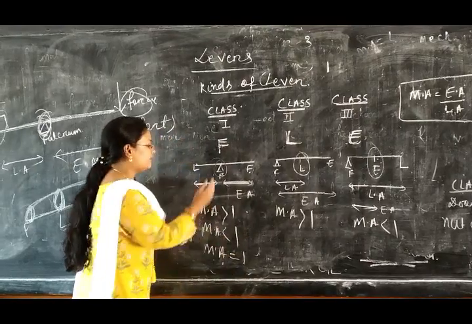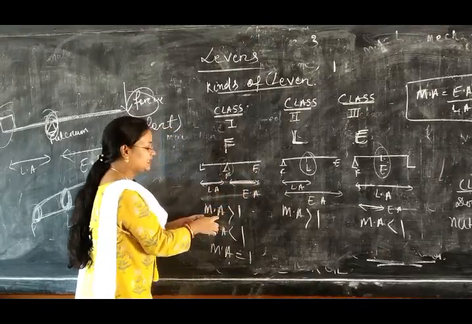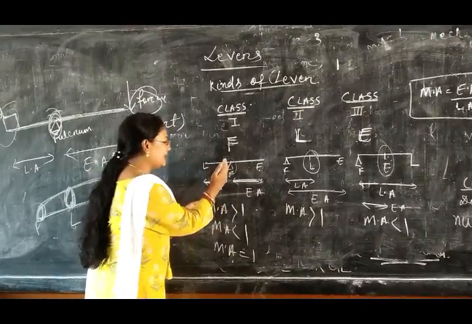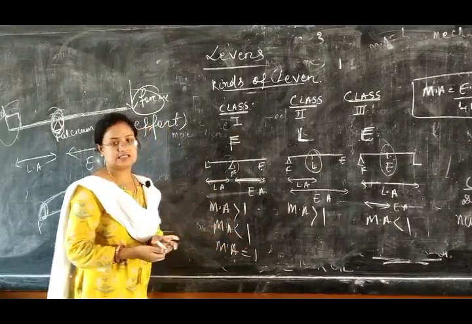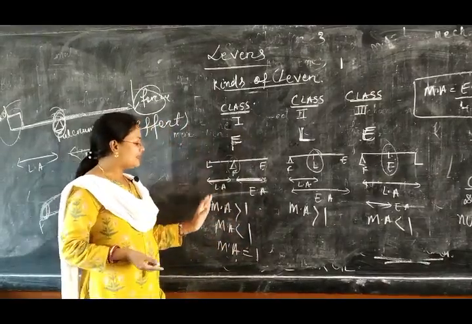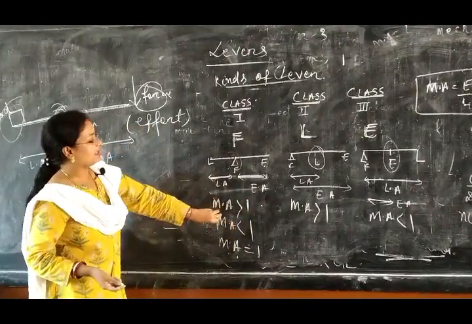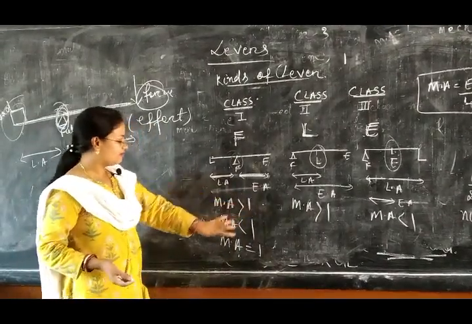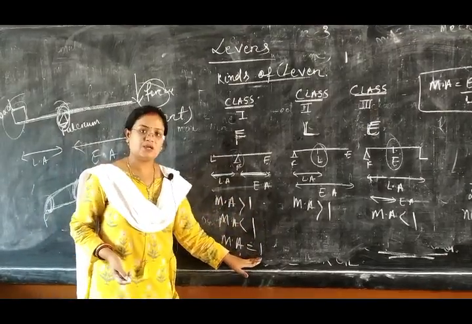If the fulcrum is slightly shifted so the effort arm is more, then the mechanical advantage is greater than 1. And if the load arm is more, then the mechanical advantage is less than 1. So for a class 1 lever, these three possibilities are there.